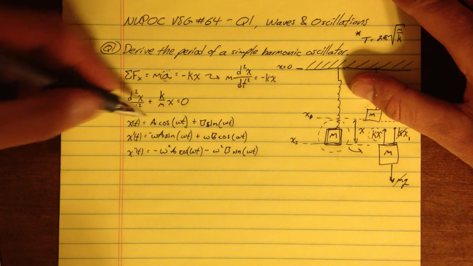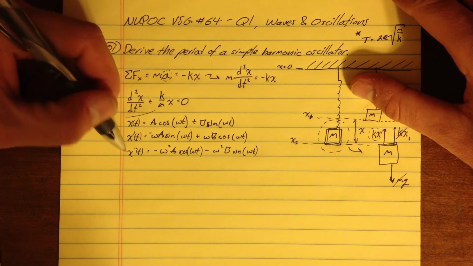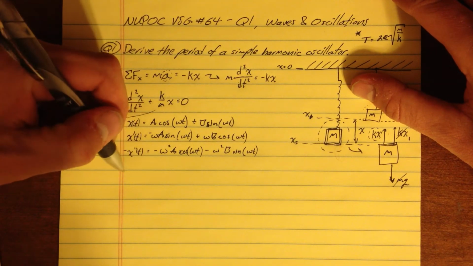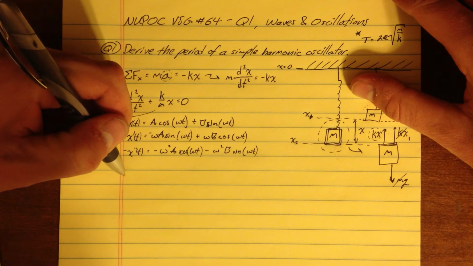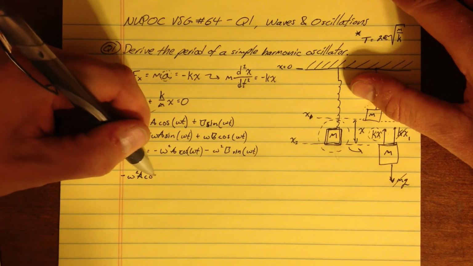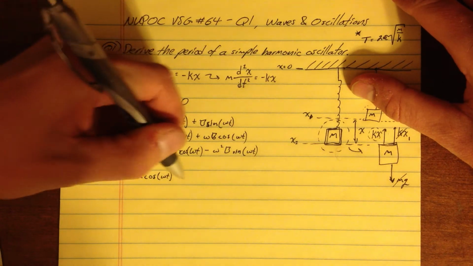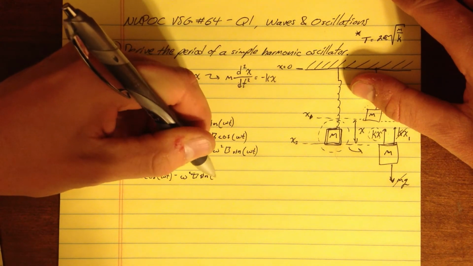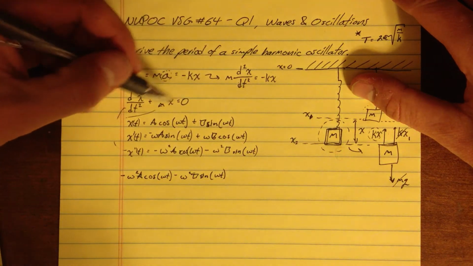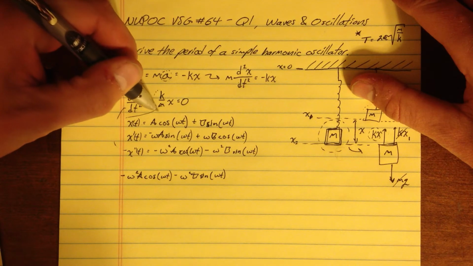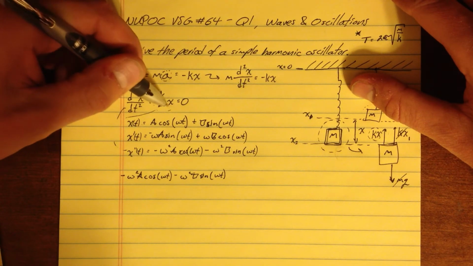Okay, so now let's go ahead and sub in x and the second derivative of x here. And what we'll get is minus omega squared a cosine omega t minus omega squared b sine omega t, and we will have plus k over m times x.